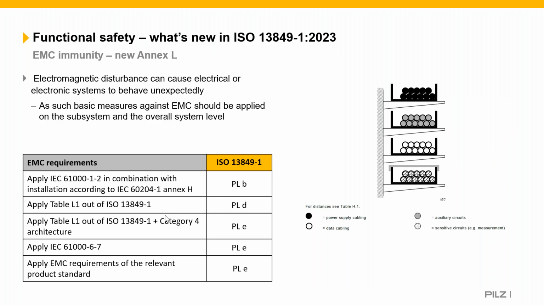Regarding EMC, there's a new Annex L, which gives you more guidance on the requirements for EMC and how cables need to be run. And there's a checklist and a scoring methodology within the table, which gives you some requirements dependent on your performance level, which you've got to achieve.